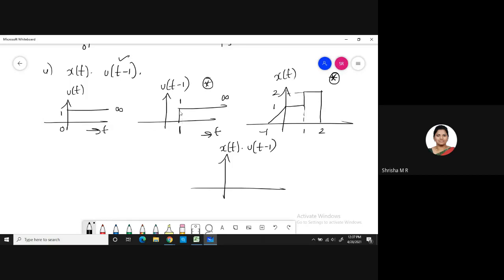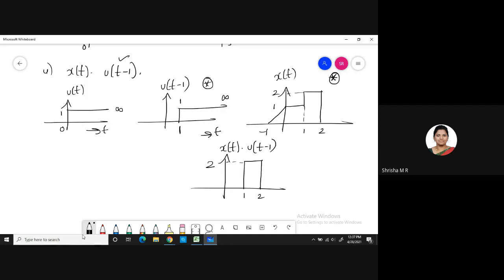As you can see here, in u of t minus 1 at 0, the amplitude is 0, and at minus 1 also amplitude is 0. 0 multiplied with that is 0 only. But you have a signal from 1 up to infinity. Here you have a signal from 1 to 2, so that you'll get back. After t is equal to 2, you have 0. 0 multiplied with 1 is 0 only. So from 1 to 2, the signal amplitude would be 2. This is the product of x of t and u of t minus 1.